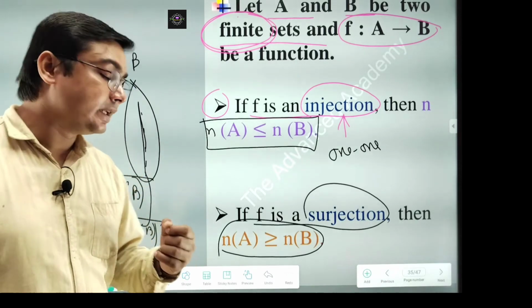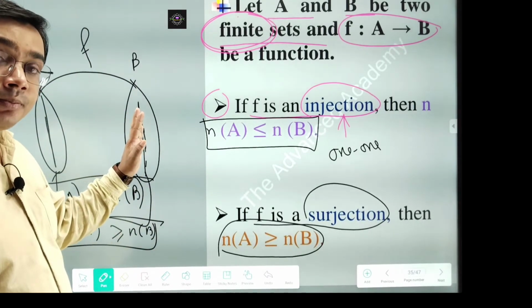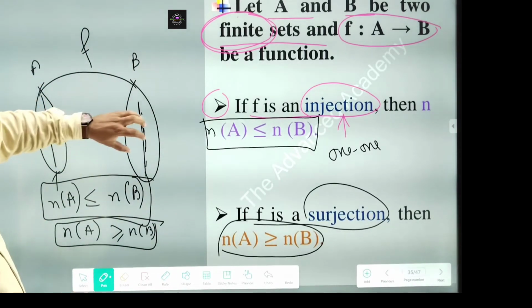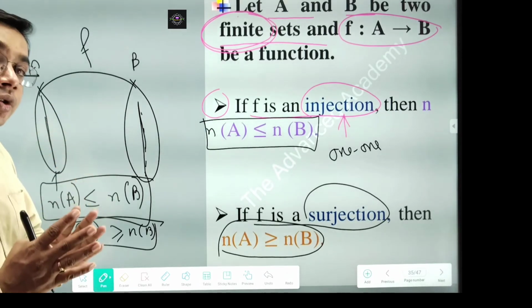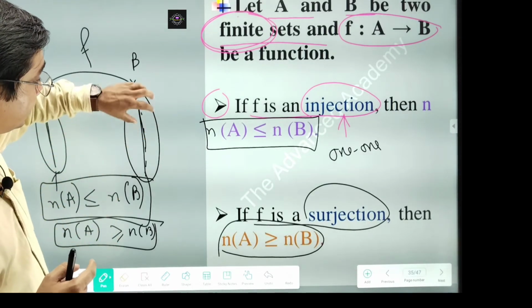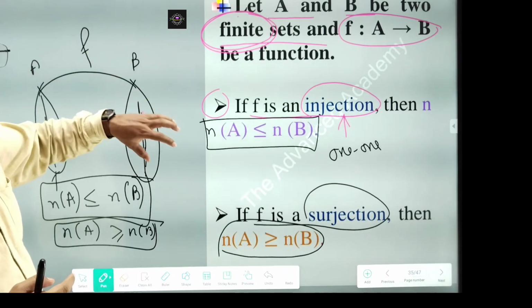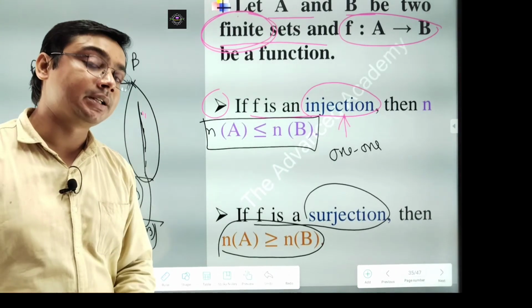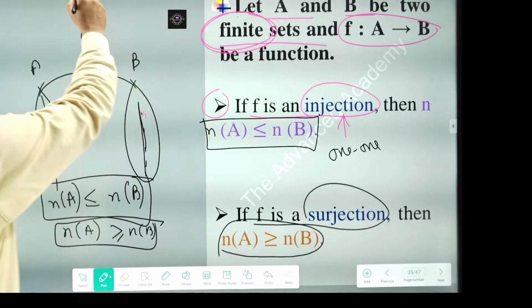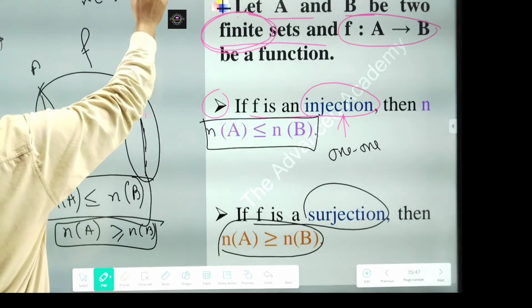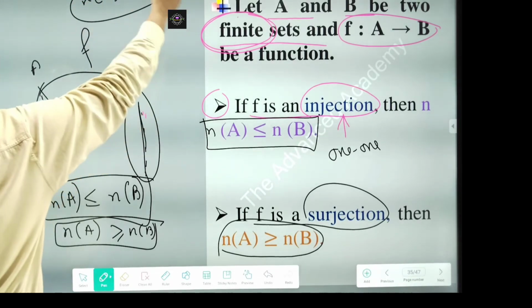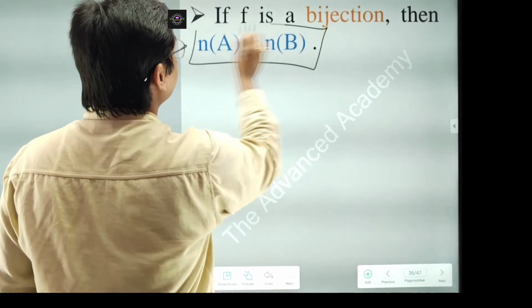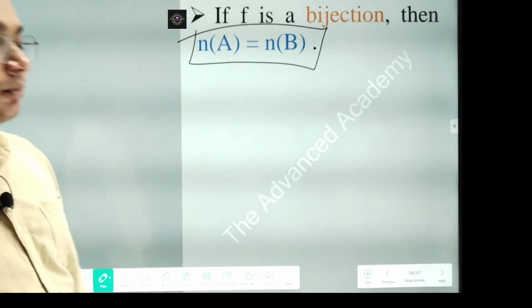If it is one-one, then N of A is less than or equal to N of B. That means by being one-one, the elements of A are fewer than the elements of B, but by being onto, the number of elements in set B must be less than or equal to the number of elements in set A. Yes, but in case of bijective, that means onto and one-one, N of A is equal to N of B. So you have to remember this relation also.